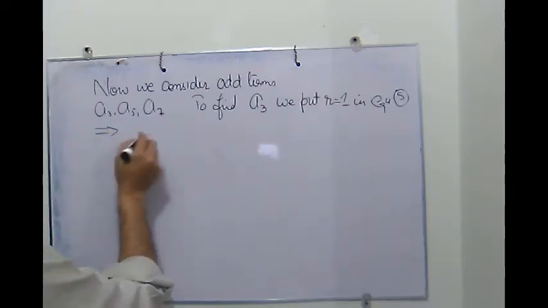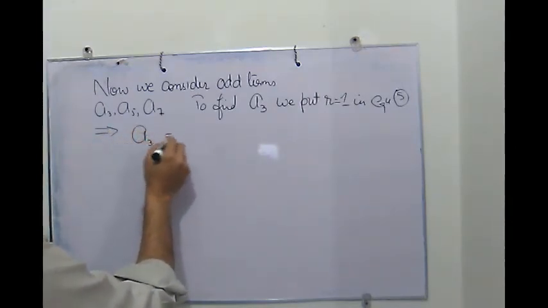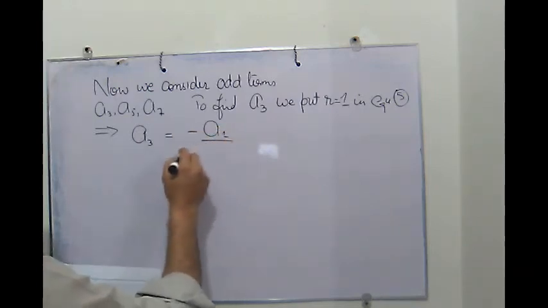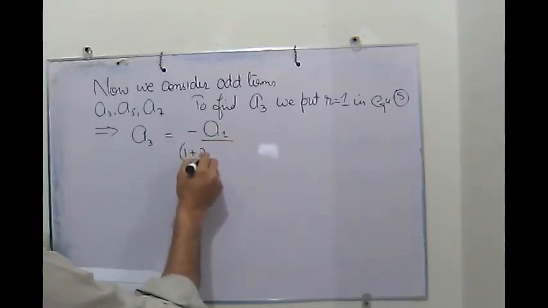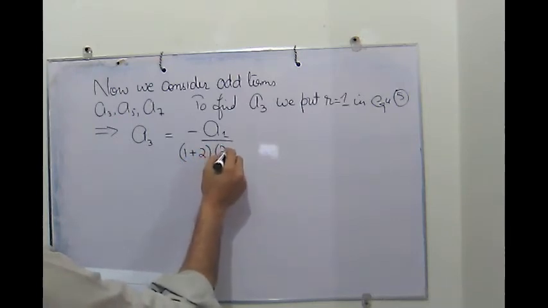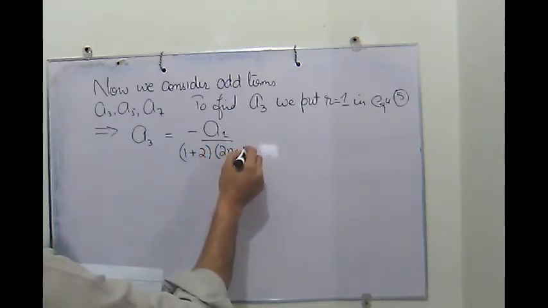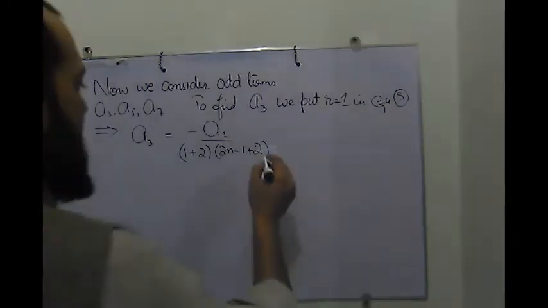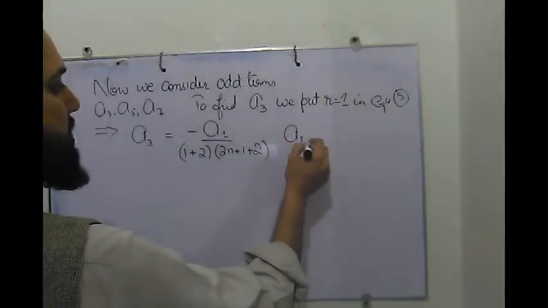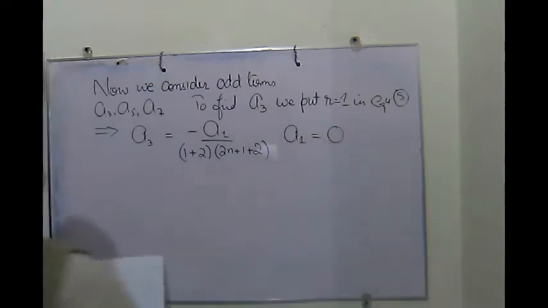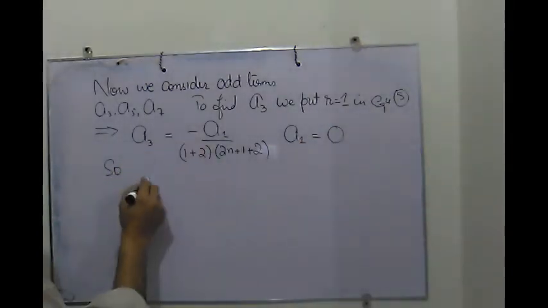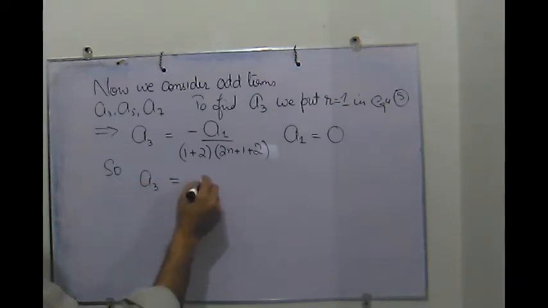So this becomes a3 is equal to minus a1 upon 1 plus 2 into 2n plus 1 plus 2. However, as we have already found that a1 is equal to 0, this implies that a3 would also equal 0.